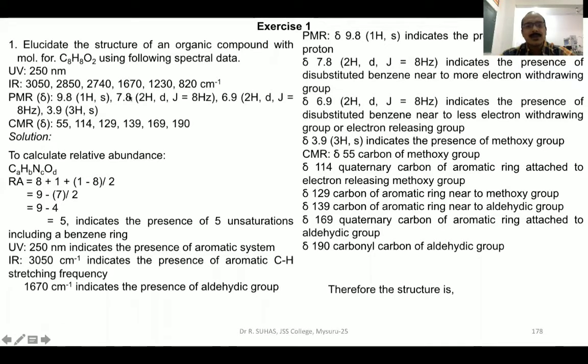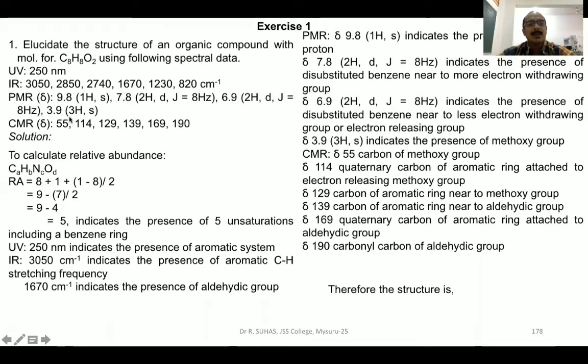And you should observe here that one aromatic region has more, another aromatic region has less. It means that the disubstituted benzene is unsymmetrically substituted. That means both the para positions have got different substituents. As a result, you have got one more and one less. Maybe this is near the electron withdrawing group and this is near the electron releasing group.